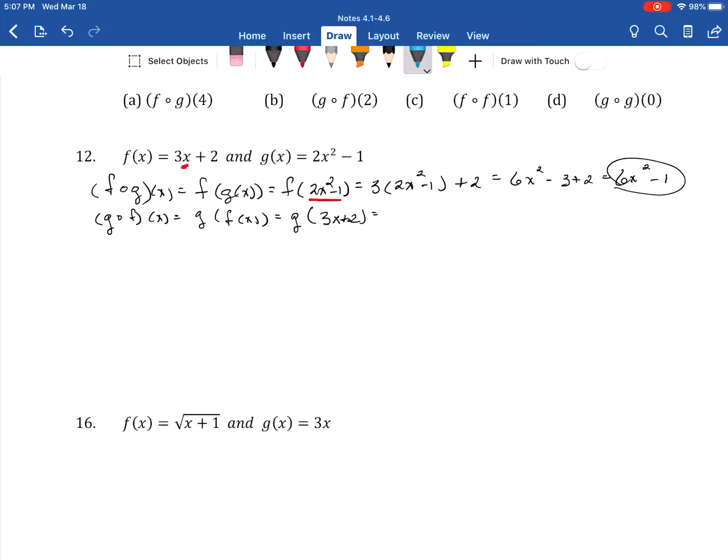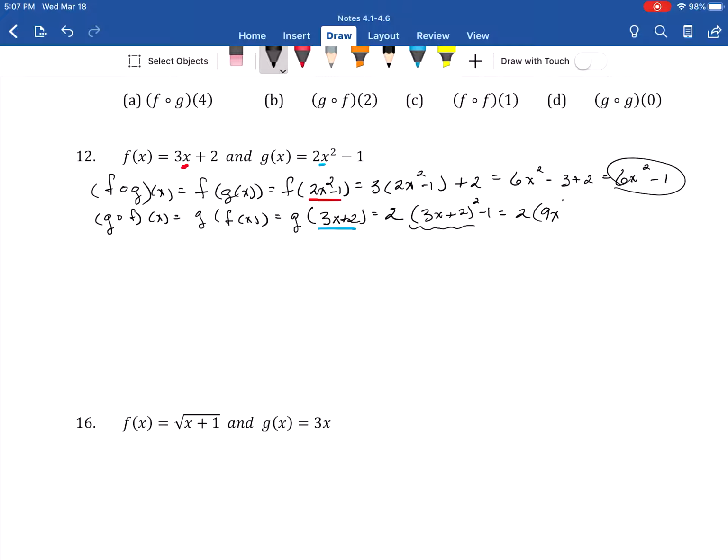Okay, so all of this, which was what we called f, goes into g right there in place of its input variable, which is always the x. All right, now guys, remember this means we have to FOIL 3x plus 2 times 3x plus 2. I'm going to cut that step out.